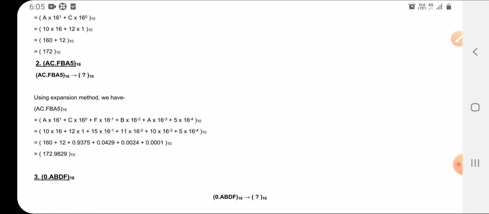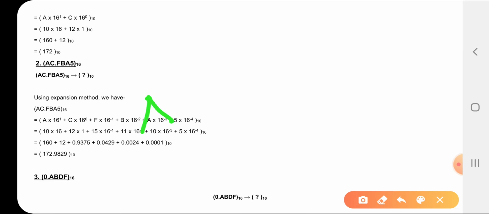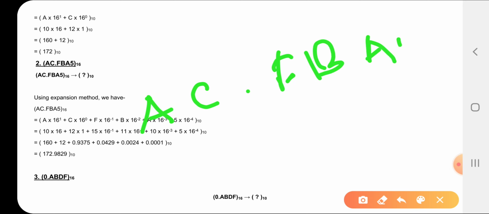The next sum you see is with the fractional part. Okay, so for the integer part we have already found 172. In the fractional part you have to write the same thing. So first you write the number separately, F, B, A, 5.